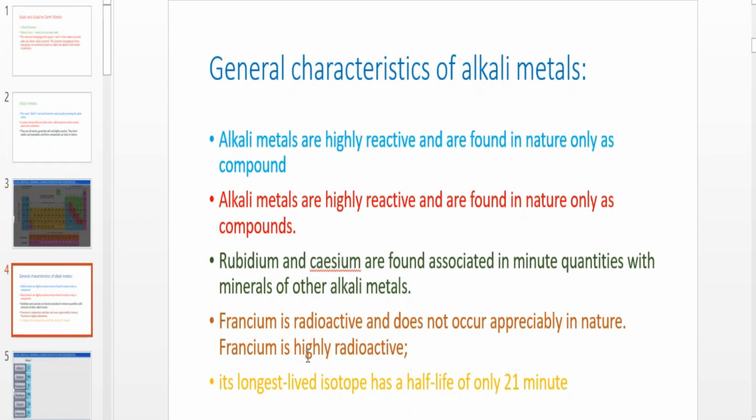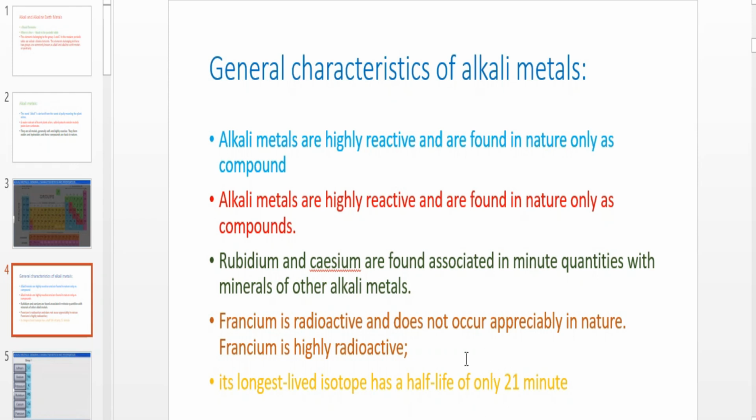Francium is highly radioactive. If you see, one of the isotopes of francium has the longest half-life, that is 21 minutes. Okay, the isotope of francium, which is radioactive in nature, has the longest half-life period.